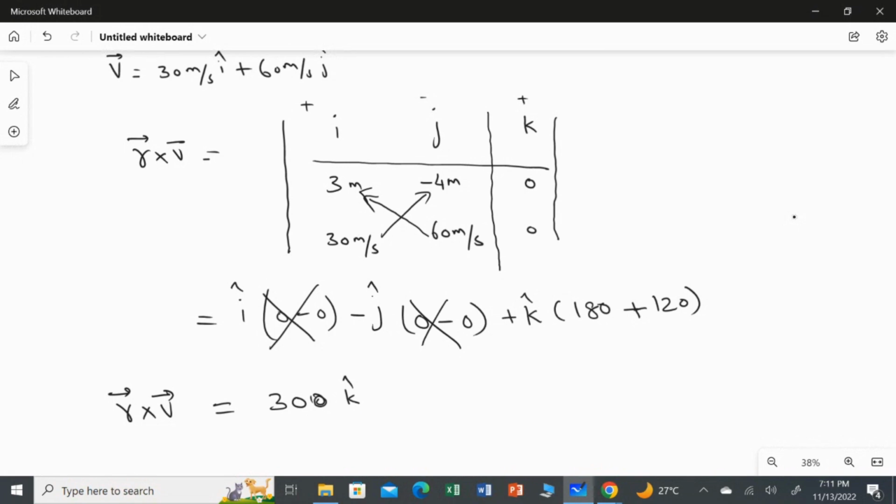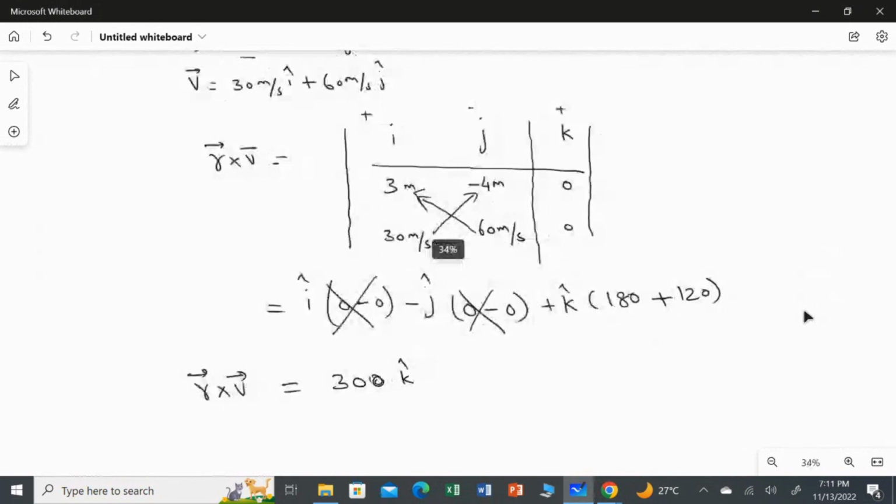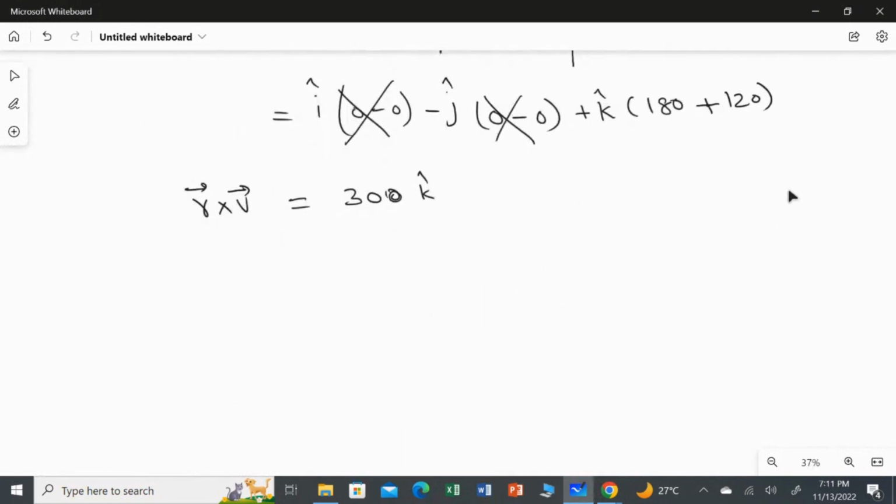Now because we are going to calculate the value of this angular momentum, I have to multiply with mass, right? Because we have the rule. What is the rule? L vector is equal to mass multiplied by r cross v. This is r, okay? So r cross v we already found as 300 k cap, but the mass is 3 kilogram.